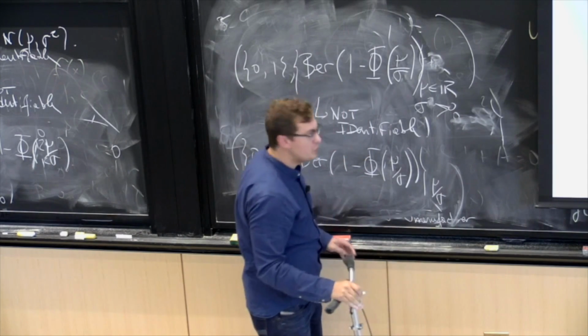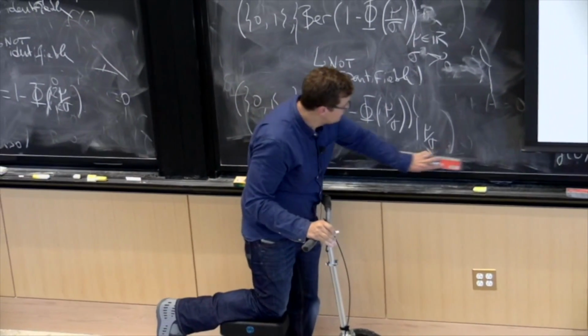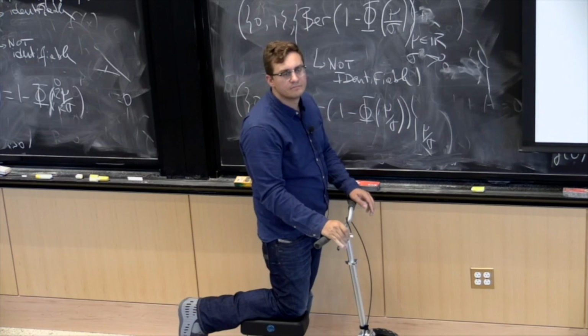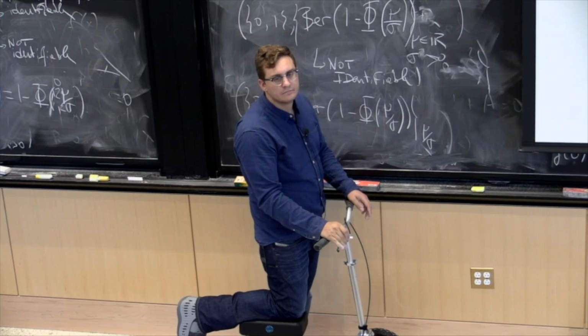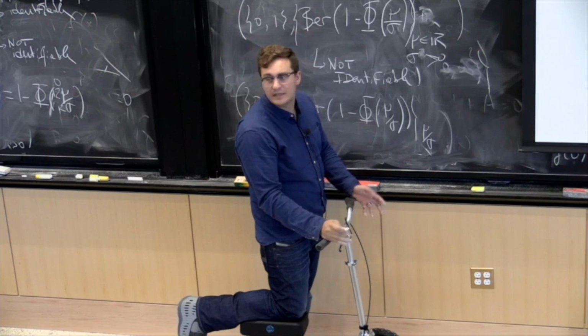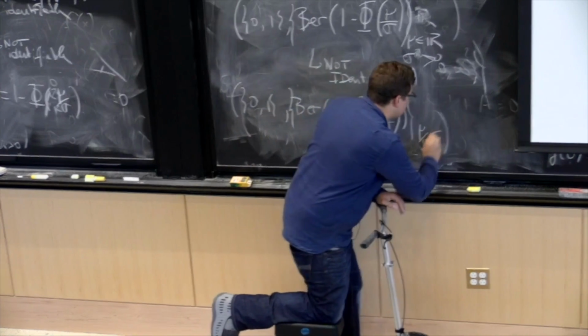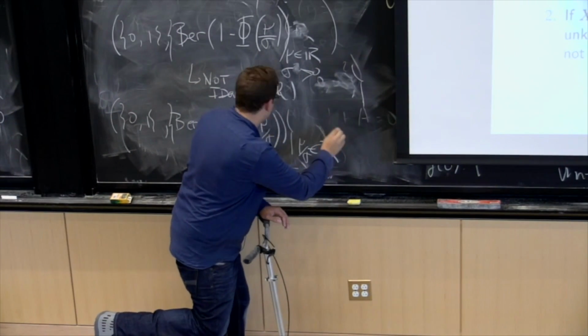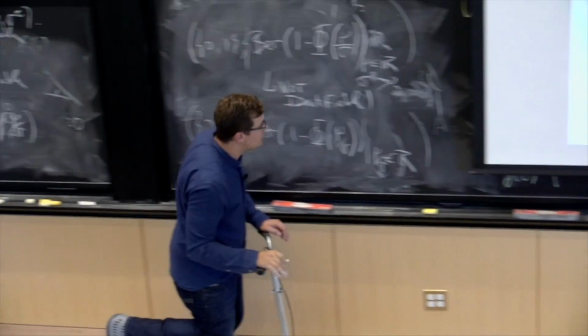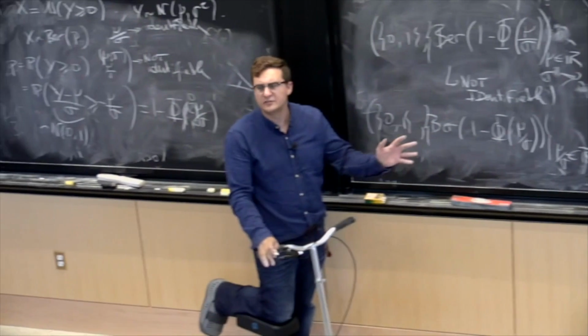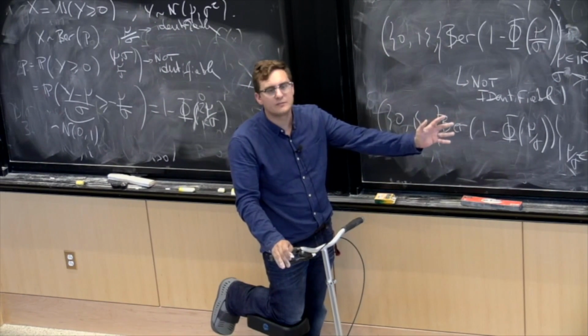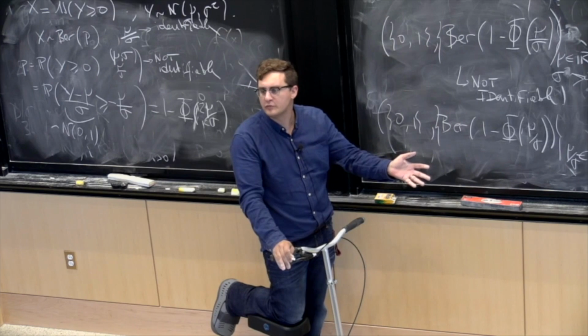Can somebody tell me where mu over sigma lives? What values can this thing take? Any real value, right? Okay, so now I've done this, definitely out of convenience, because that was the only thing I was able to identify, the ratio of mu over sigma.